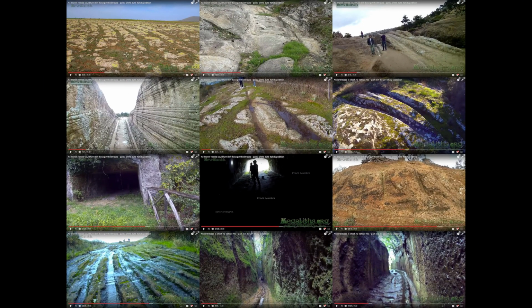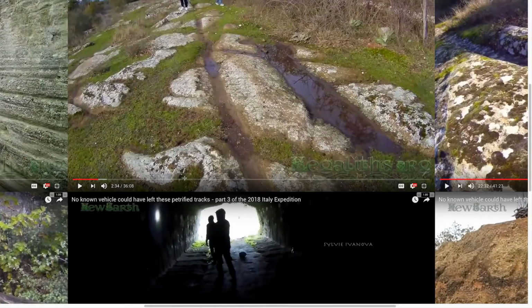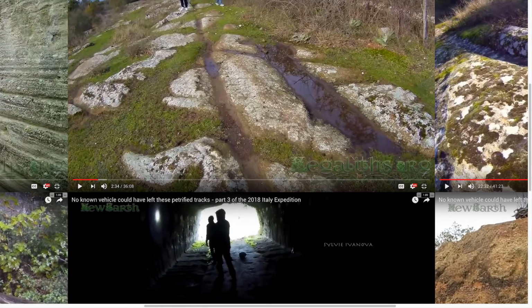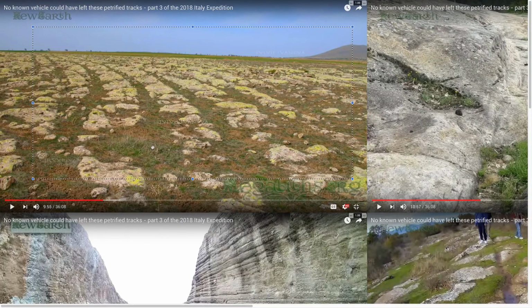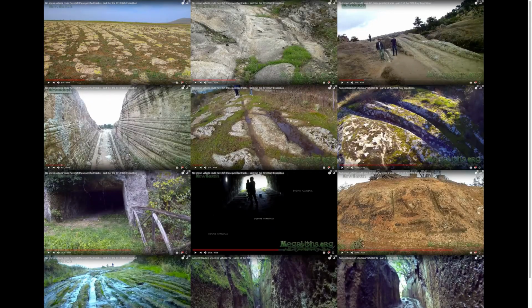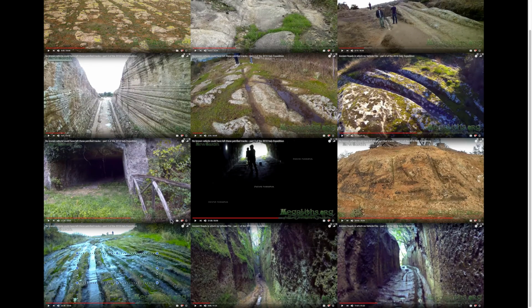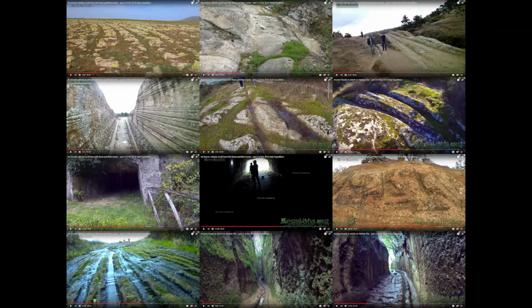So, I mean, you can't really make the case that something wasn't working over the whole landscape on a large scale when you see something like this, or like this top left one, this big field with these very long grooves. Similar thing here, this one down here.